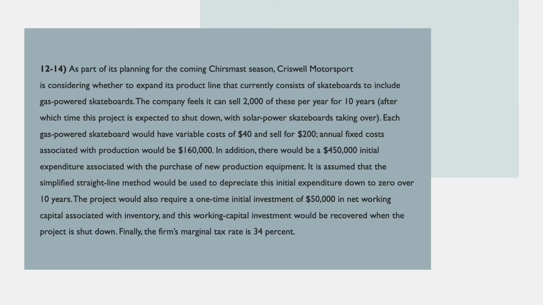It is assumed that the simplified straight-line method would be used to depreciate this initial expenditure down to zero over 10 years. The project would also require a one-time initial investment of $50,000 in net working capital associated with inventory, and this working capital investment would be recovered when the project is shut down. Finally, the firm's marginal tax rate is equal to 34%.